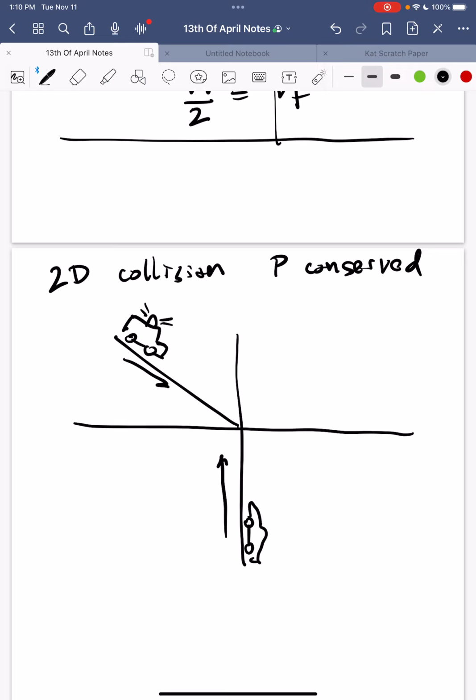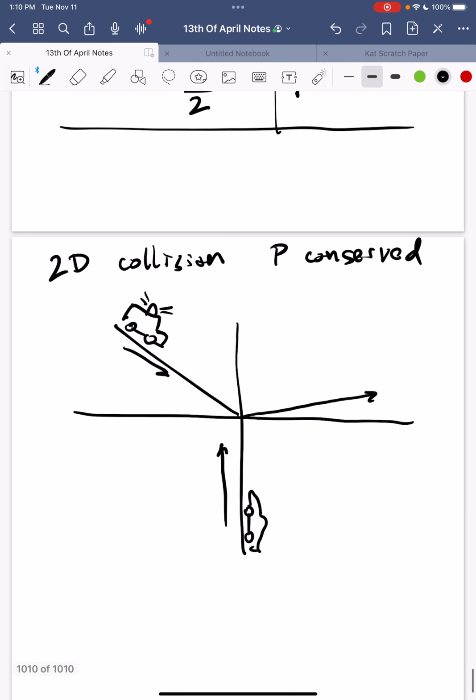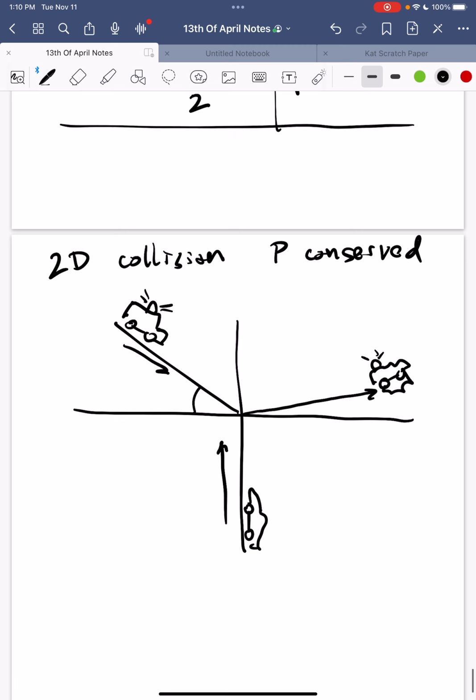I'm just going to graphically explain what happens. Now these two cars, they smash into each other and they create some twisted wreck. And the twisted wreck skids off kind of like this. And so you have something that looks like that. All right, and this comes in at an angle, let's say theta, and it goes out together at an angle alpha. You go, well, how do you solve a problem like this?